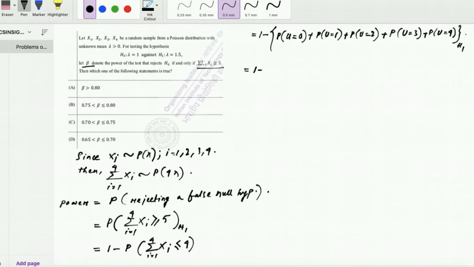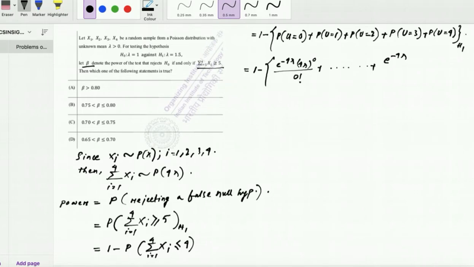Fine. 1 minus e to the power minus 4 lambda, 4 lambda to the power 0, over 0 factorial, and write the terms as per the probability value.